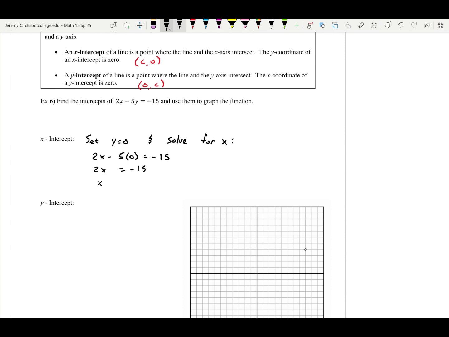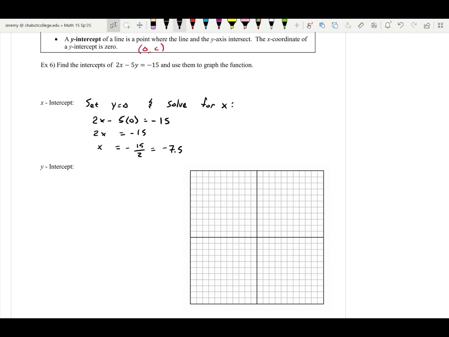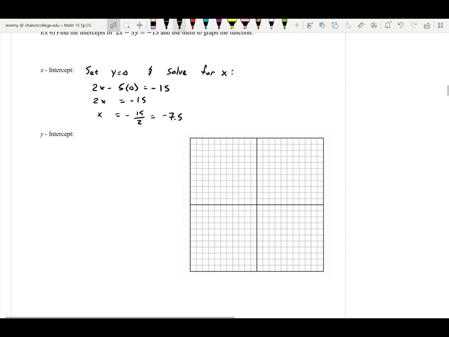Divide both sides by 2. x is equal to negative 15 over 2, which I could rewrite as negative 7.5 if I wanted to. I'm writing it that way because I'm going to find this on the graph in a second. Decimal form is a little easier to locate when we're looking along a real number line.